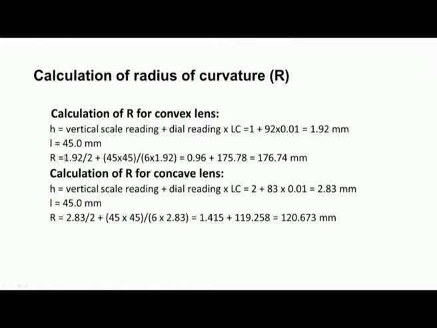Then we feed these values in the equation and finally, we get a radius of curvature of 176.74 millimeter. Similarly, for the concave lens, h was 2.83 millimeter and L was 45 millimeter. So, radius of curvature was 120.67 millimeter. Like this, using the spherometer, we can find radius of curvature.